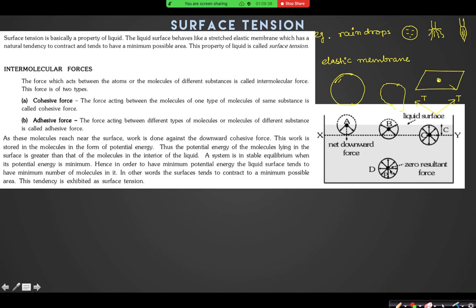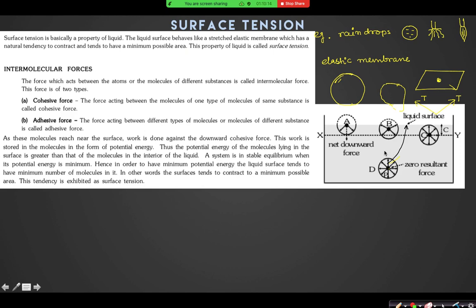Consider one such ball which was initially at the bottom, having zero force on it. Due to the increase of the surface area, you are taking this ball from the bottommost point or anywhere inside the liquid to the topmost part. As the ball is moving from depth to surface, are you doing any external work?